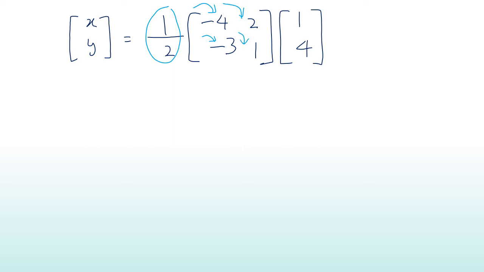You'll have fractions, so it will be a bit complicated. So do you have any other way to multiply it? What if we do this first? We just copy back the 1 over 2 and then you just multiply.